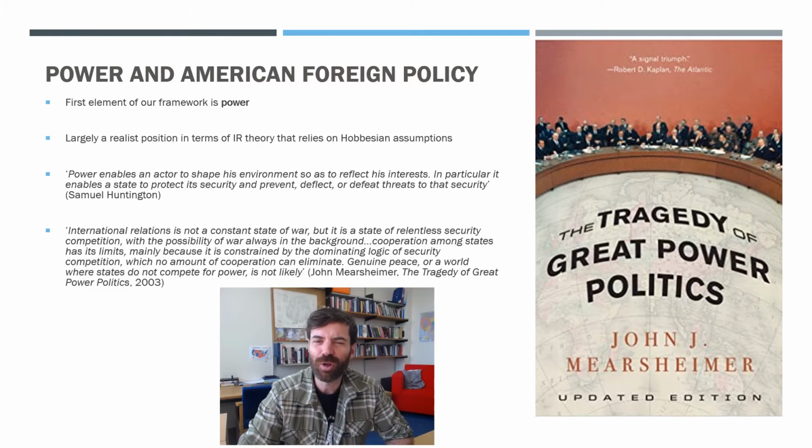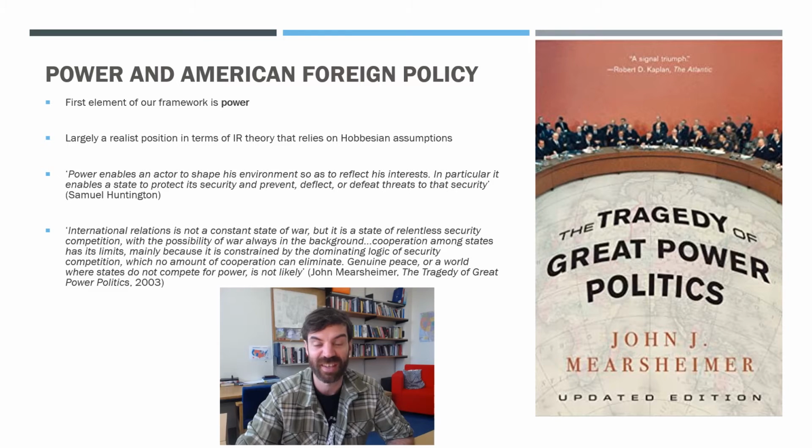But I think this worldview is probably best expressed by John Mearsheimer. I've got a copy of his book on the slide here, The Tragedy of Great Power Politics from 2003. Mearsheimer writes, "International relations is not a constant state of war, but is a state of relentless security competition, with a possibility of war always in the background.